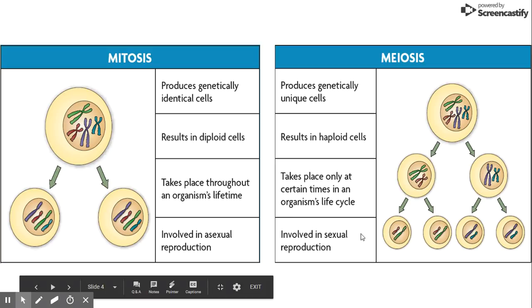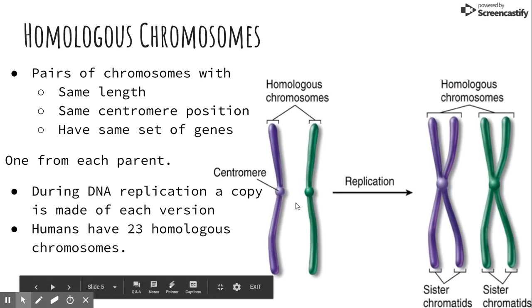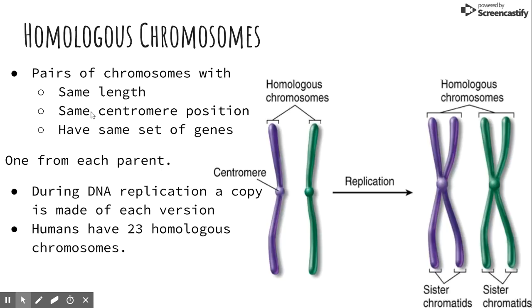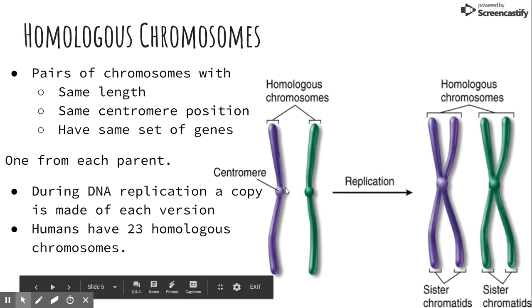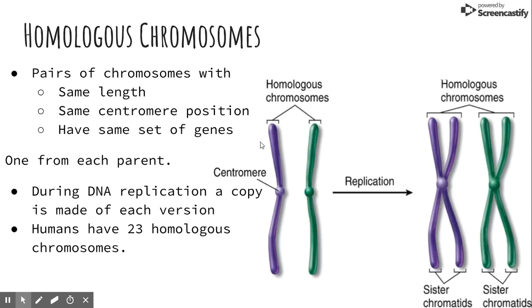So now I want to clarify some things about homologous chromosomes. Homologous chromosomes are pairs of chromosomes that are the same length, they have the same centromere position, and they have the same set of genes. Now, I don't mean that the genes are the exact same. I'm just saying that on this chromosome, let's say we should have information about hair color, eye color, height, and teeth shape. Both chromosomes should have information concerning hair color, eye color, height, and teeth shape.